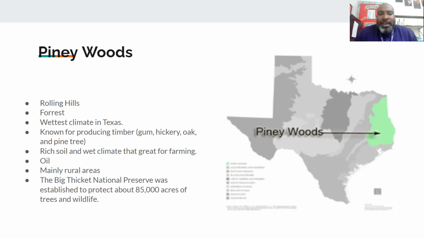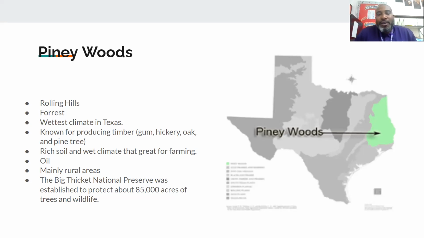One of the major things as it pertains to the economy of the Piney Woods is that it's known for producing timber, because there are a lot of trees in the Piney Woods. They produce gum, hickory, oak, and they have a lot of pine trees. It has rich soil and a wet climate that is great for farming.